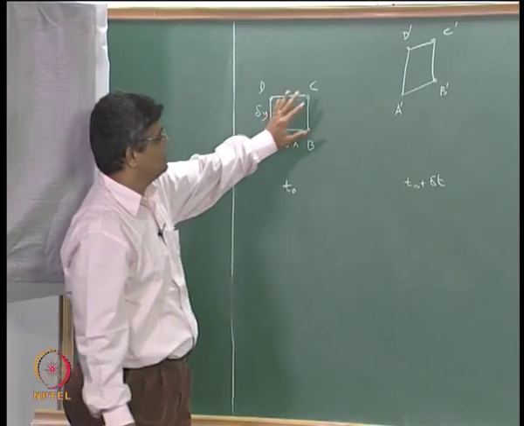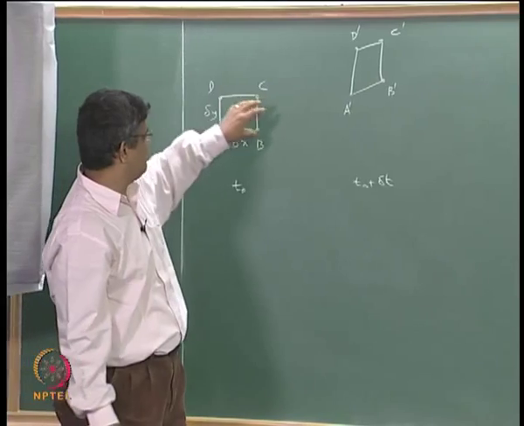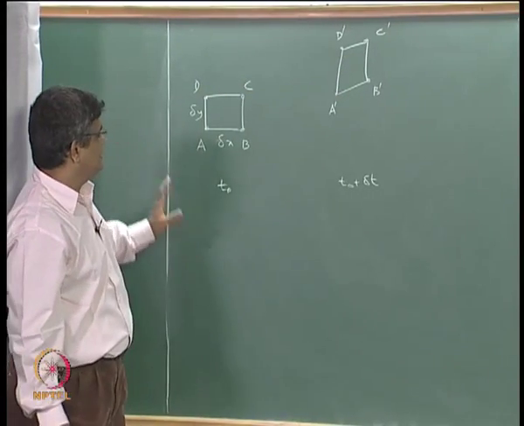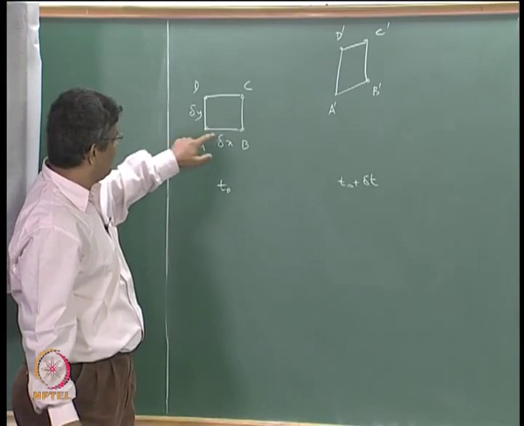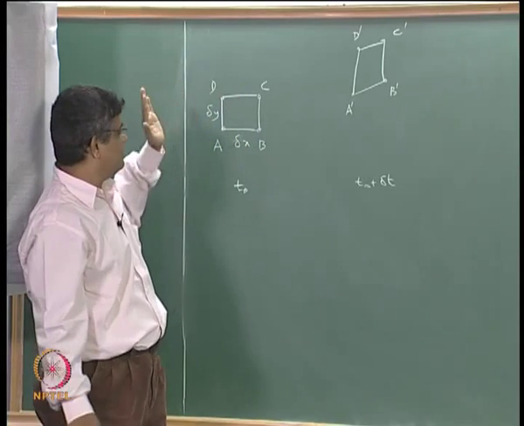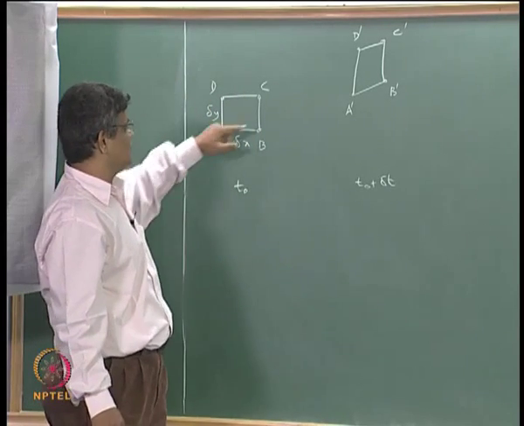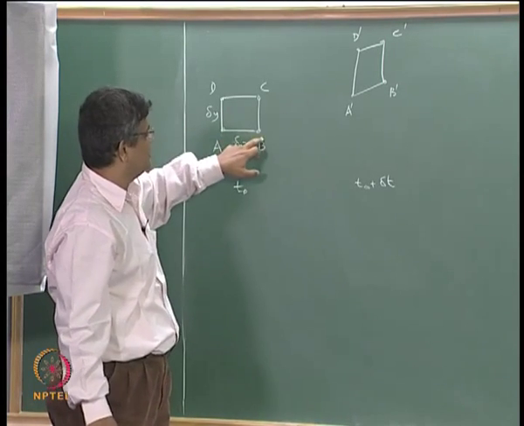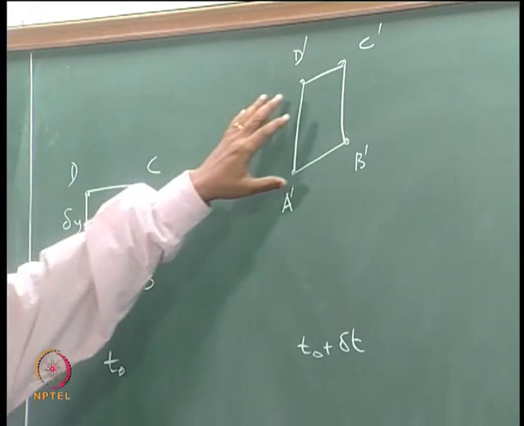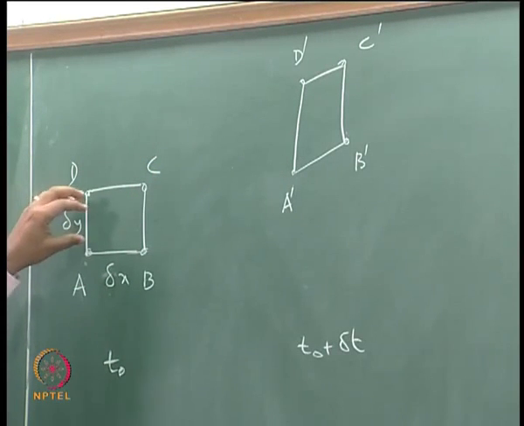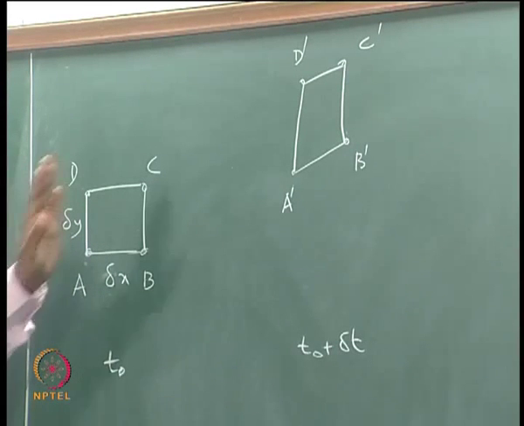We can see that the shape of an initially rectangular thing has become a more general quadrilateral because the points A, B, C, D are not all moving at the same velocity. That is, if there is velocity variation within the fluid domain, between the particles located at A, B, C and D, then there is an expectation of a change of shape of this initial rectangle.